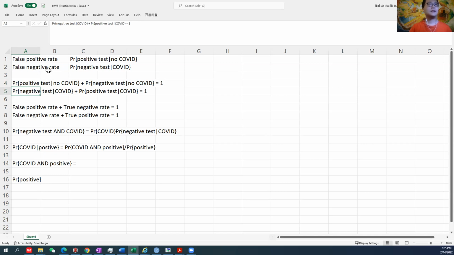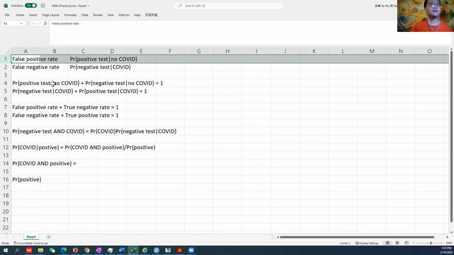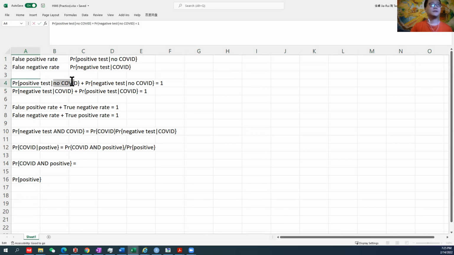First, let's follow what we illustrated earlier as false negative and false positive rate, right? On the first line, I already interpreted the false positive rate as being conditioned on no COVID, but the test result was positive. Similarly in question 2, we are given this false positive rate.